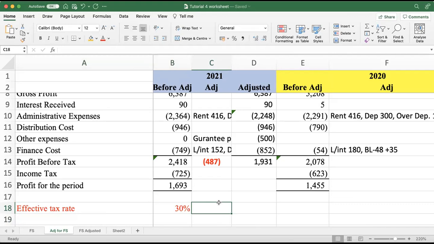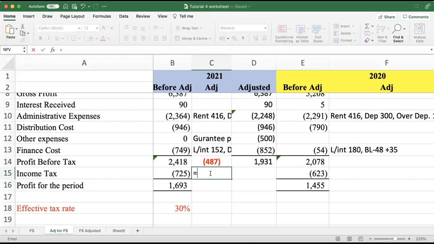Now you see your profit before tax decreases by 487. As a result, the tax expense should decrease. So how do you calculate the decrease in the tax expense?